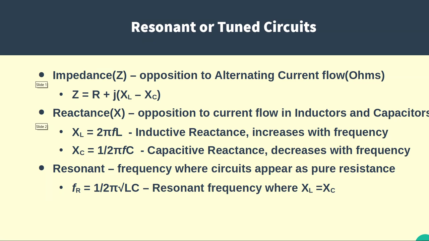The next one is reactance, which we represent as a capital X. And we have an inductive reactance, which is usually represented by X sub L, which is 2 times pi times the frequency times the inductance in henries.